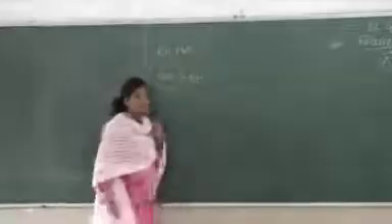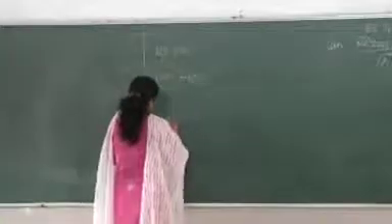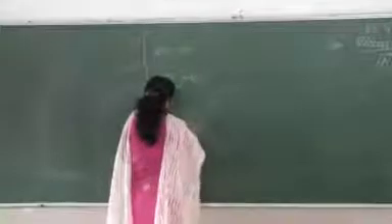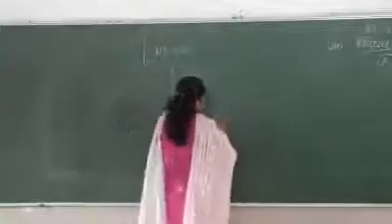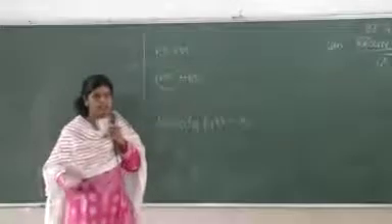So if he has Rh antigen, he should not be having any antibody. So what antibody does he have? He has no antibody. Antibody for Rh is not there. Is it all right?